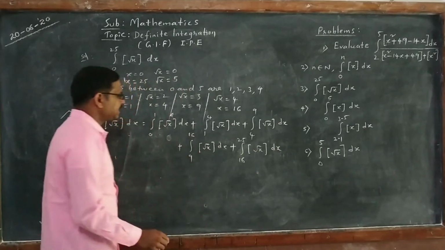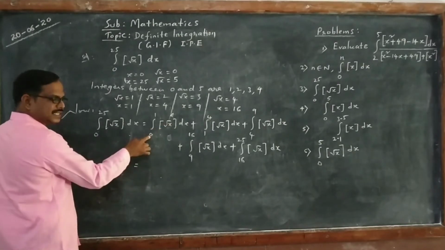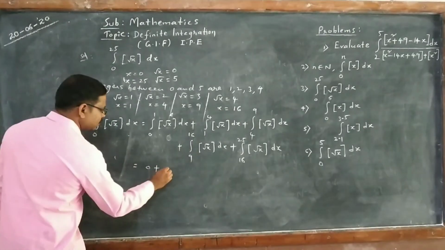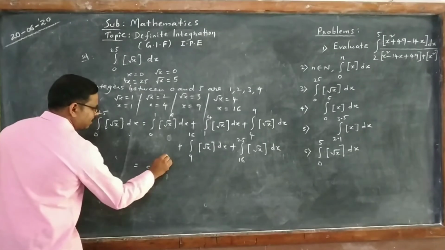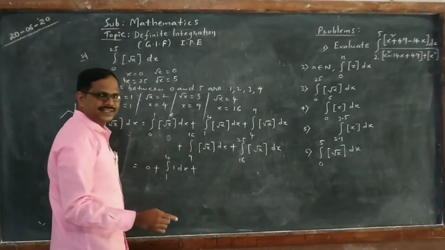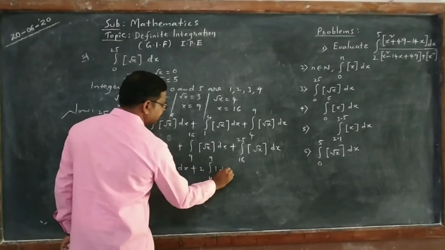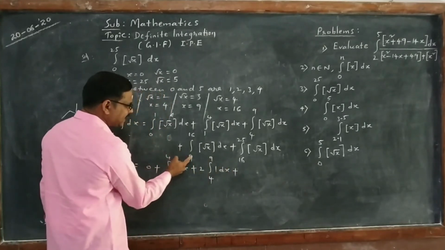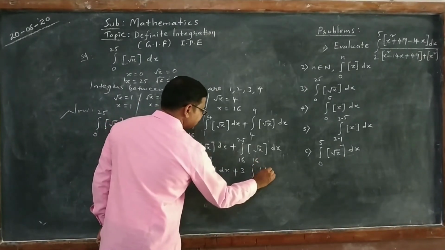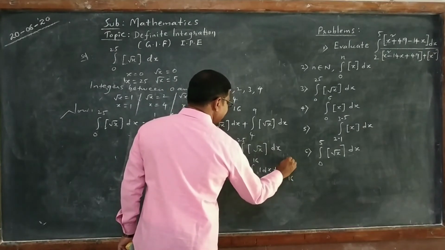So that is the splitting. Between 0 to 1, the value is 0, so it is 0, plus between 1 and 4 the value of [root x] is 1, so integral 1 to 4 of 1 dx, plus between 4 and 9 the value is 2, so 2 times integral 4 to 9 of 1 dx, plus between 9 and 16 the value is 3, integral 9 to 16, plus between 16 and 25 the value is 4, integral 16 to 25 of 1 dx.